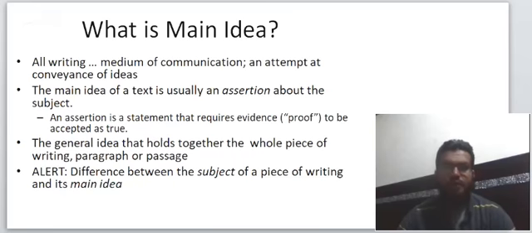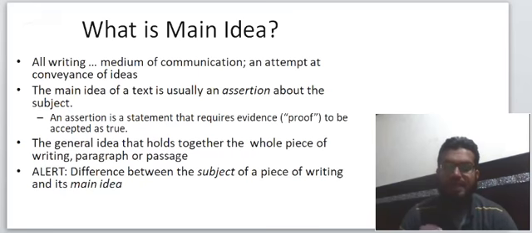So first of all, here try to understand what a main idea is. So main idea, I said, is an assertion about the subject. So assertion is a statement that requires evidence, or in other words, proof, to be accepted as true.